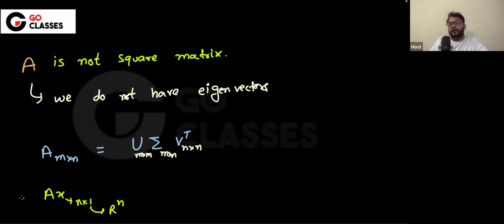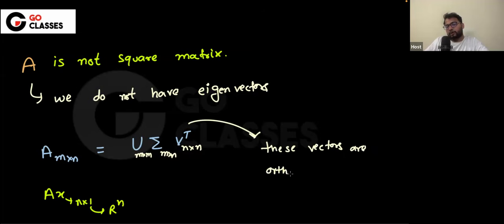And we already have the complete basis for Rn, which is V, because all these vectors are orthogonal to each other, linearly independent, and in fact orthonormal.